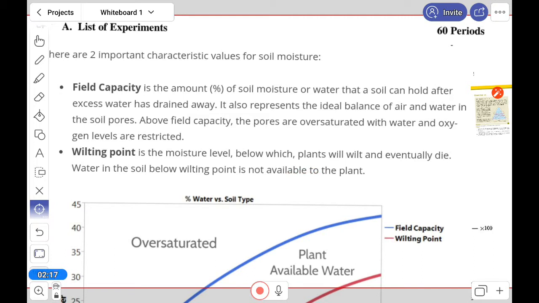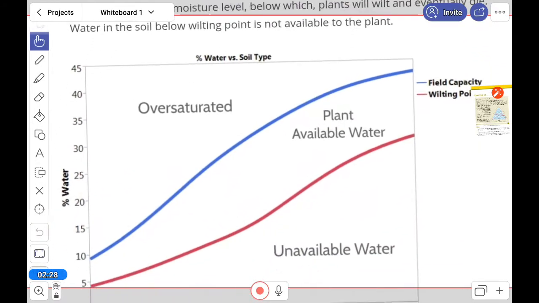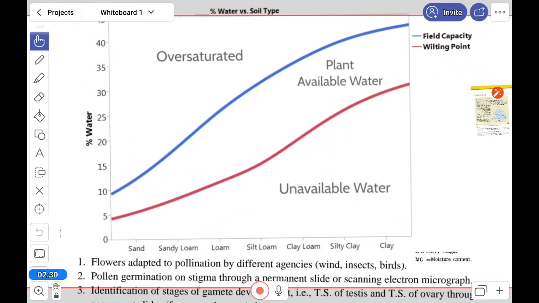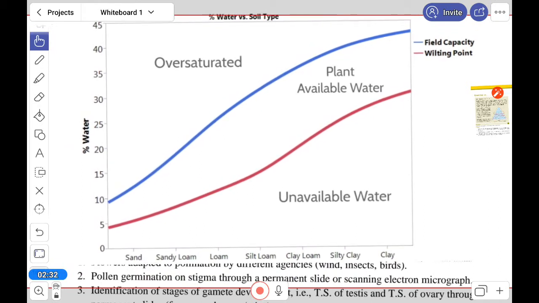Now here our question is the availability of water to the plant. So if we look at this graph, on one side there are different types of soil: sand, loamy, clay.